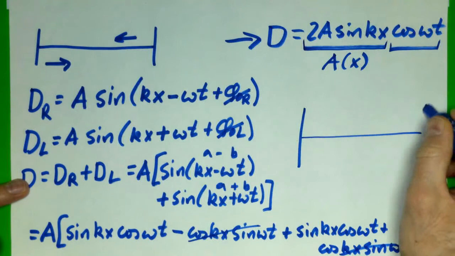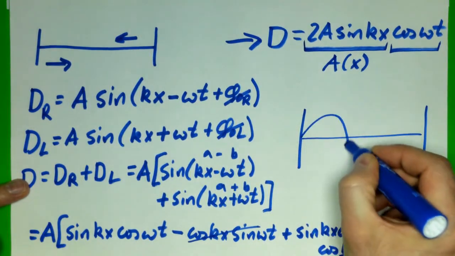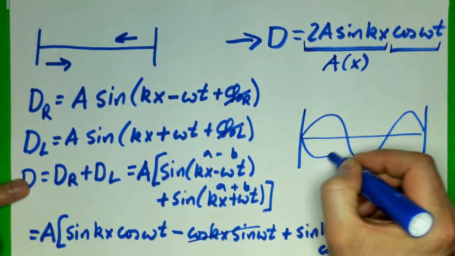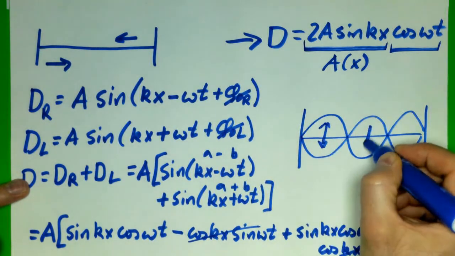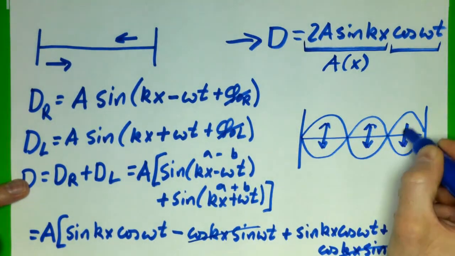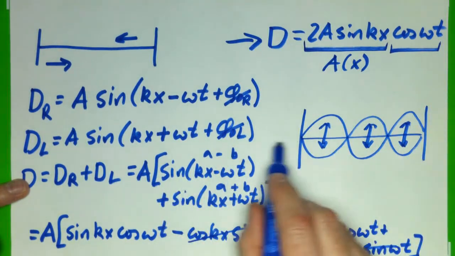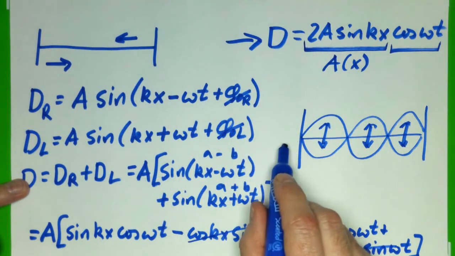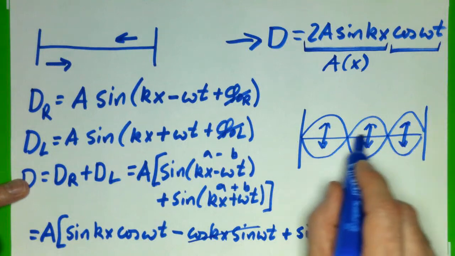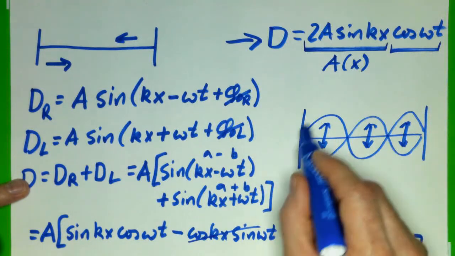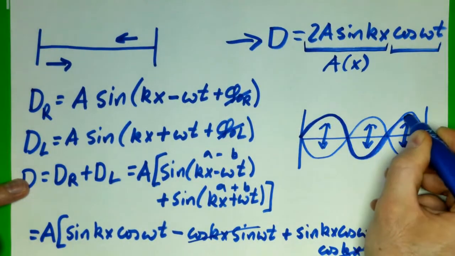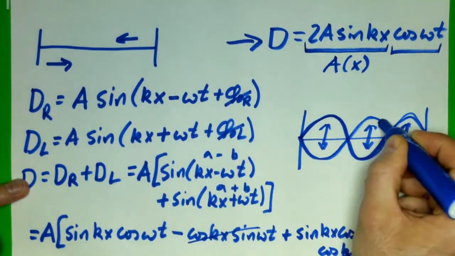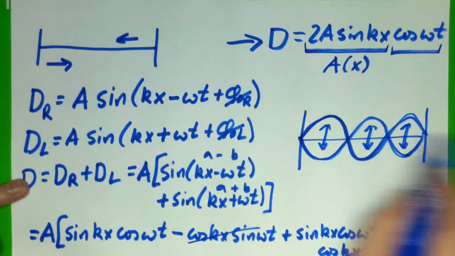Now, if this is our string, it would look like these bumps are just oscillating back and forth, such that twice in a cycle, the string is absolutely flat. And then these bumps just alternate positions. So it goes from here to here, and it never moves side to side.